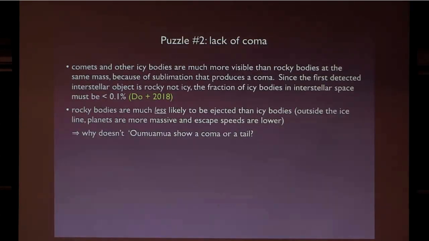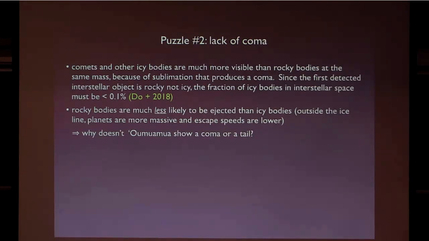Puzzle number 2 is that, as we've indicated already, comets are far more visible than rocky bodies because of their comas and their tails. If the first interstellar object is rocky and not icy, you can conclude that the fraction of icy versus rocky bodies of the same size has to be less than about 0.1%.